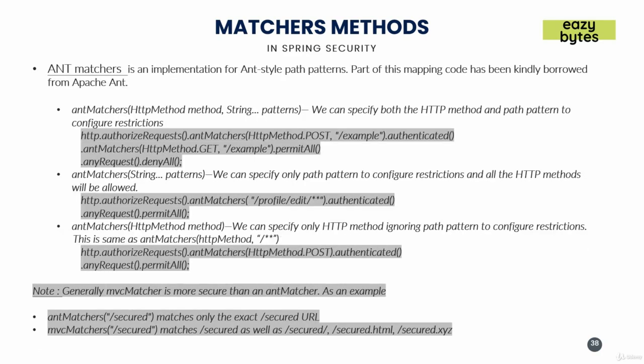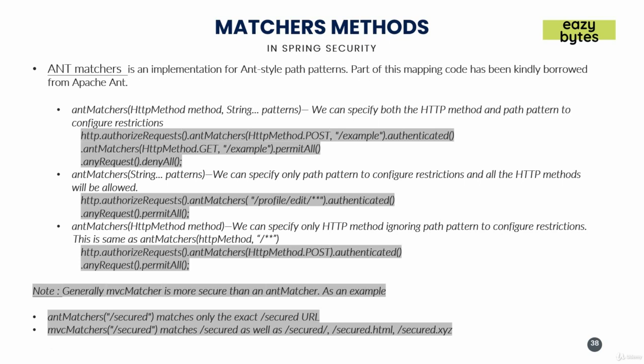Similar to MVC matchers, we also have Ant matchers, and we are using it in our code also. The method that we are using in our code is the second method, which is antMatchers with a pattern. Similar to MVC matchers, Ant matchers have methods which accept both an HTTP method and a pattern. But compared to MVC matchers, Ant matchers has an extra method which accepts only an HTTP method.